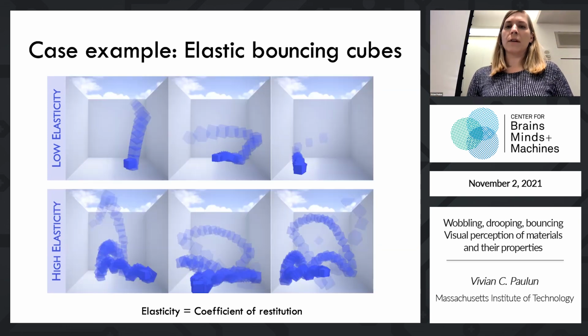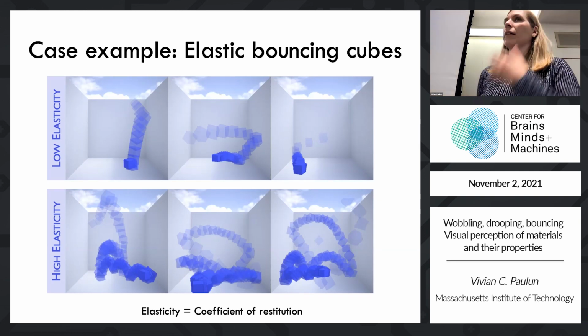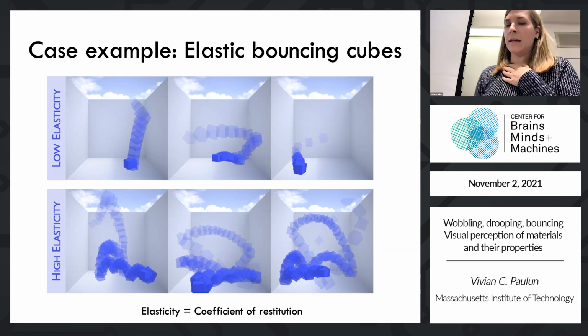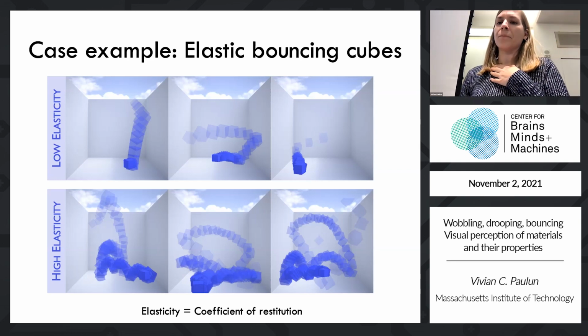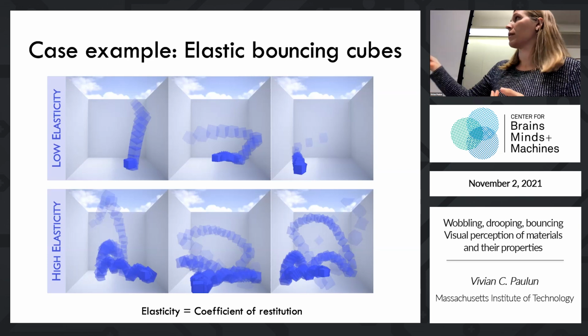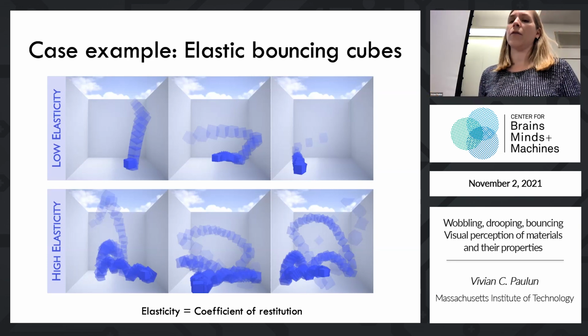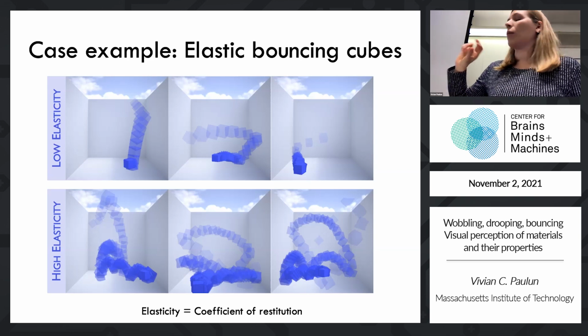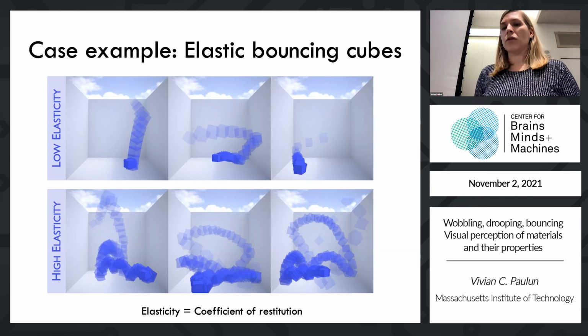And if I stop the videos now and overlay the individual frames, I can illustrate that the exact trajectory depends not only on the elasticity, which is the same within each row, but also on other factors. So to create these little videos, I also manipulated where the object starts and whether it has an initial velocity, for example.